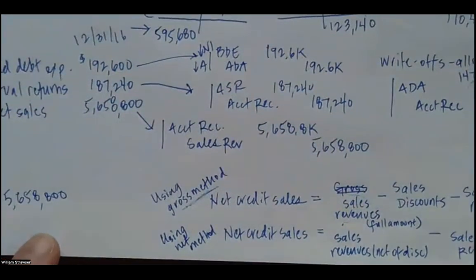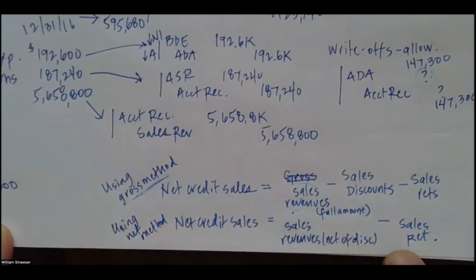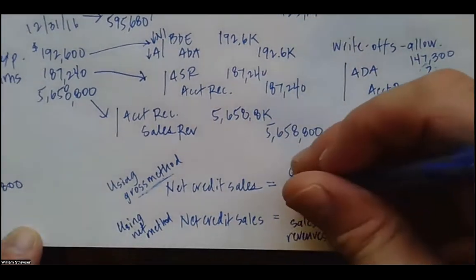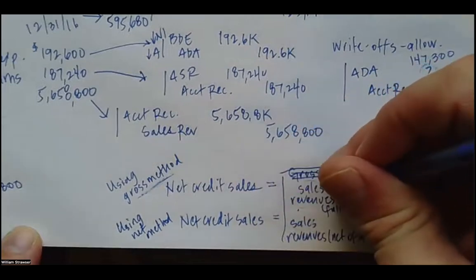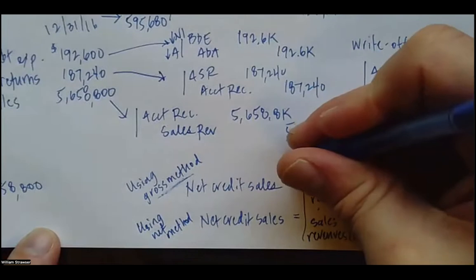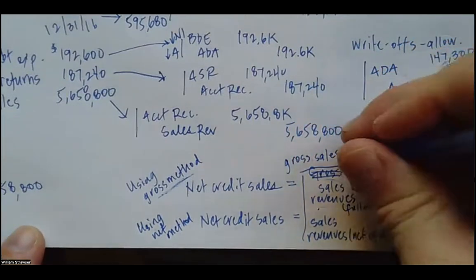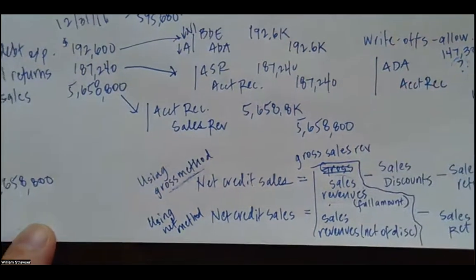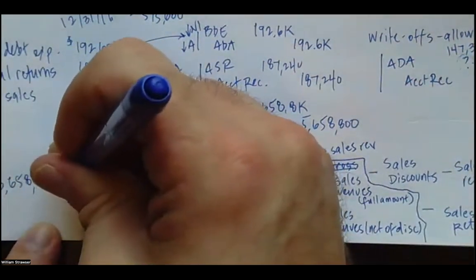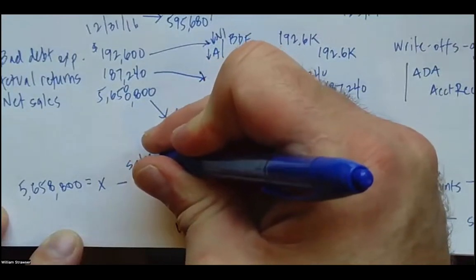And what I'm looking for then is what amount of sales returns must have been made in order to get this number here, because this is now the answer to, what is the gross sales made? So I got that equals X minus, and now I'm looking for the sales returns estimate.